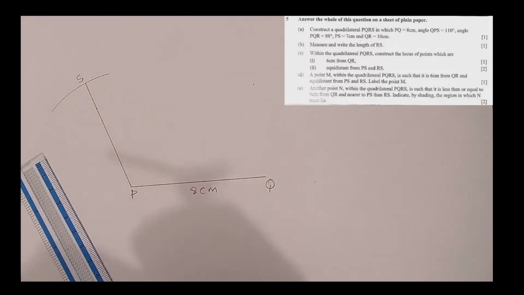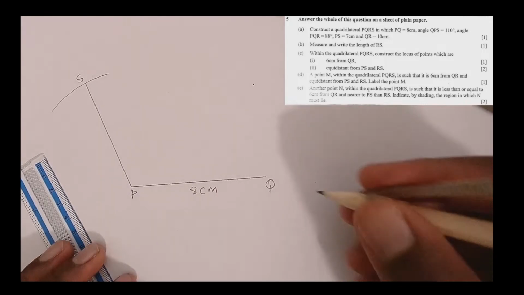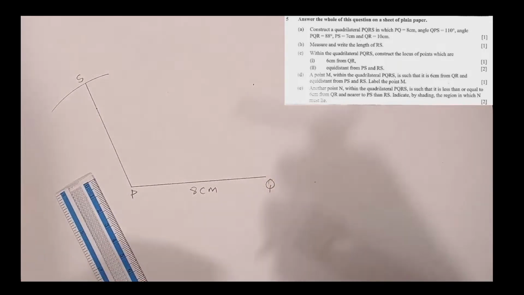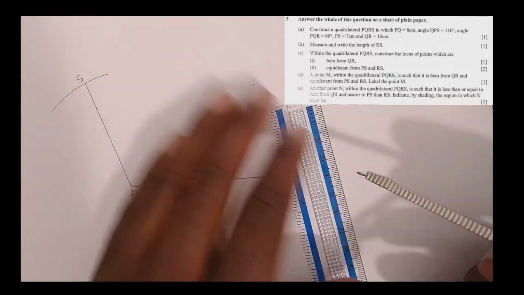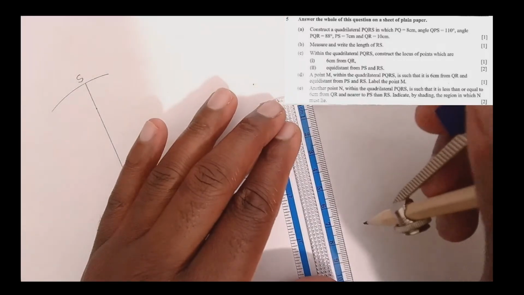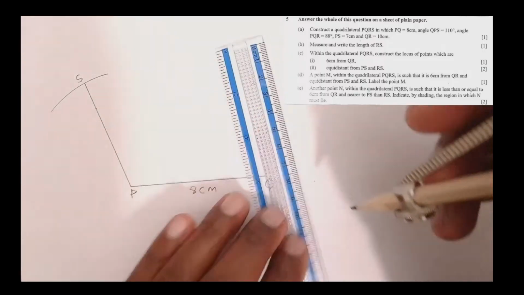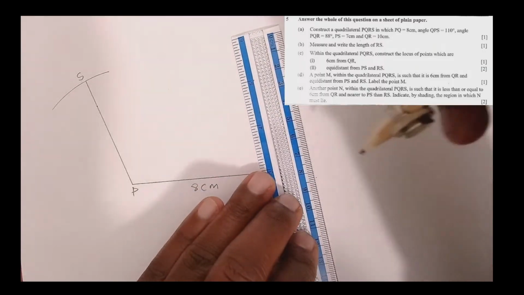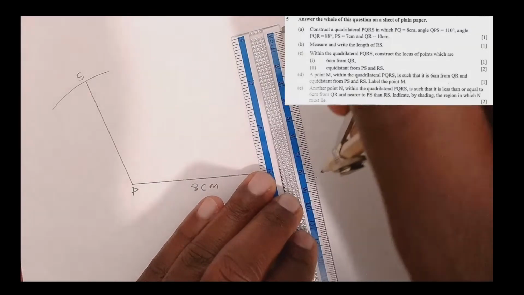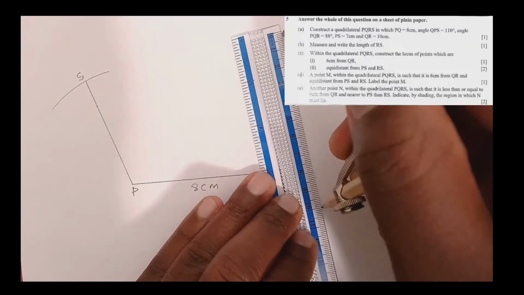Okay, the next thing is that QR is 10 centimeters. So from Q to where R is, it is 10 centimeters. So this was 7 centimeters. I just extend it to 10. So let me put it like that. And this is 10 here.